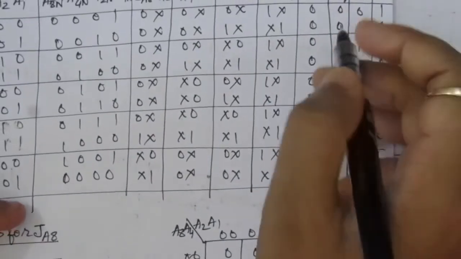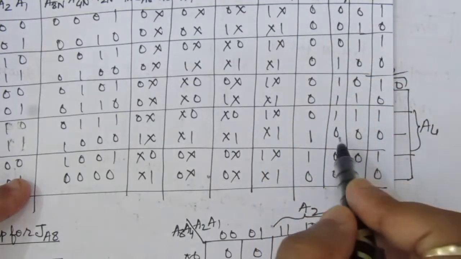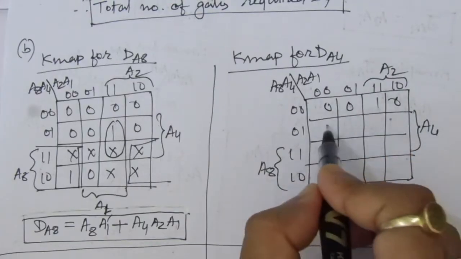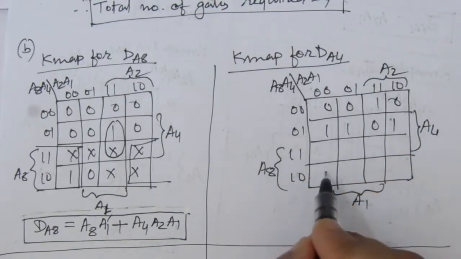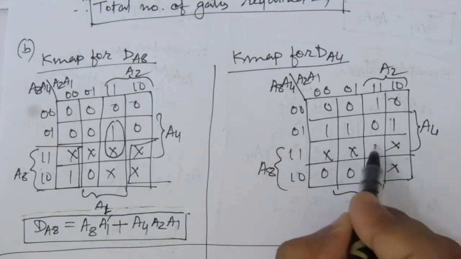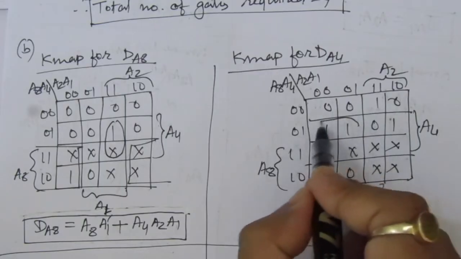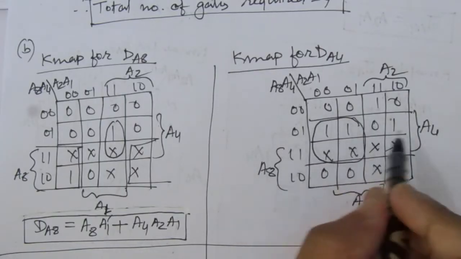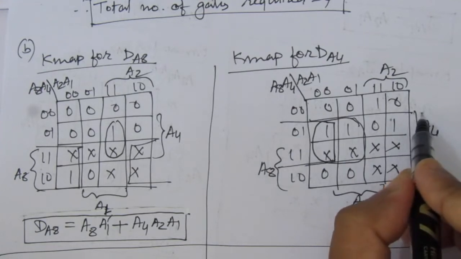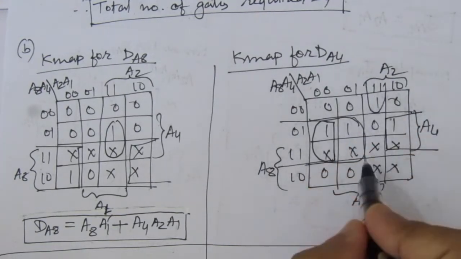Okay, so DA4 we have 0 0 0 1 1 1 1, then 0 0 0, 0 0 0 1 1 1 1, then 0 0 0, then these are the don't care conditions. Okay, so how we can combine? So suppose this will be one term, then this will be the second term, and this will be the third term.